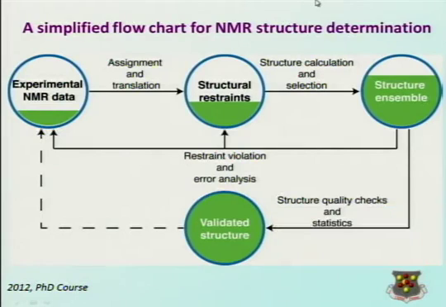This is just a reminder, I guess most of you are already familiar with it, of how the workflow for NMR structure determination in NMR structural biology goes. And basically, even if I have not stated this explicitly anywhere, we are talking about macromolecular structure determination.